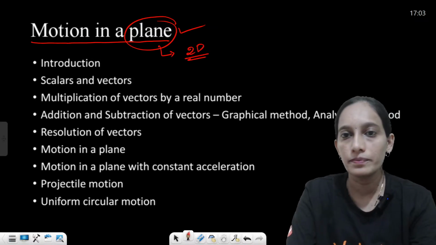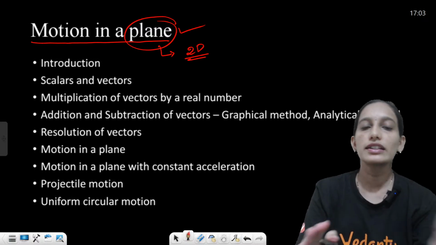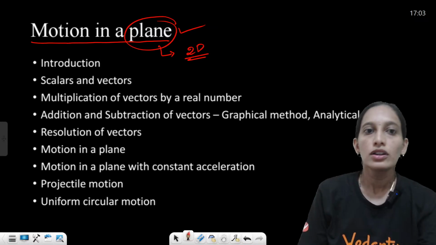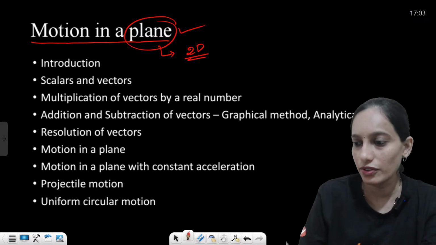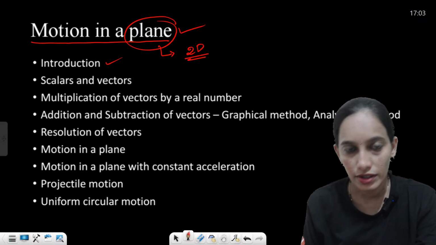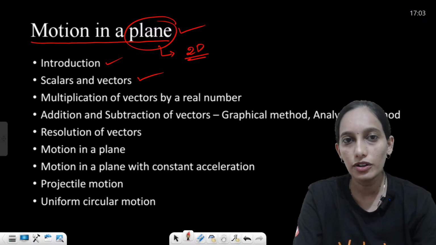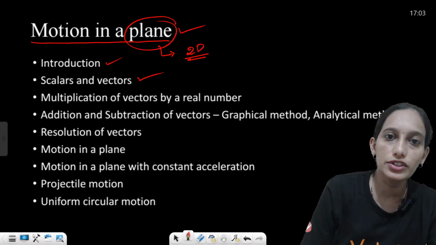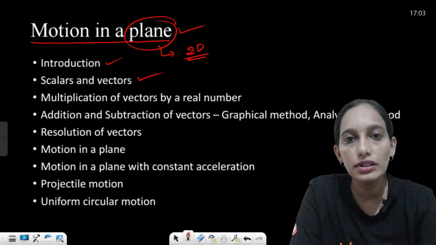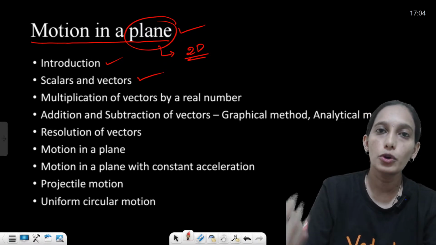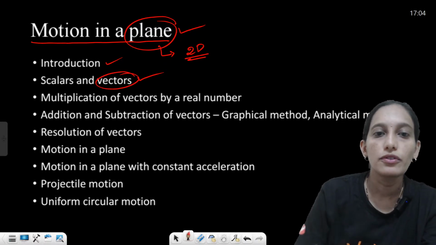two-dimensional motion. So let us quickly see what the subtopics are that we'll be learning here. First, a little bit of introduction, and then we have scalars and vectors. Before going into motion in a plane, we have to learn a little bit about scalars and vectors, or more precisely more about vectors.